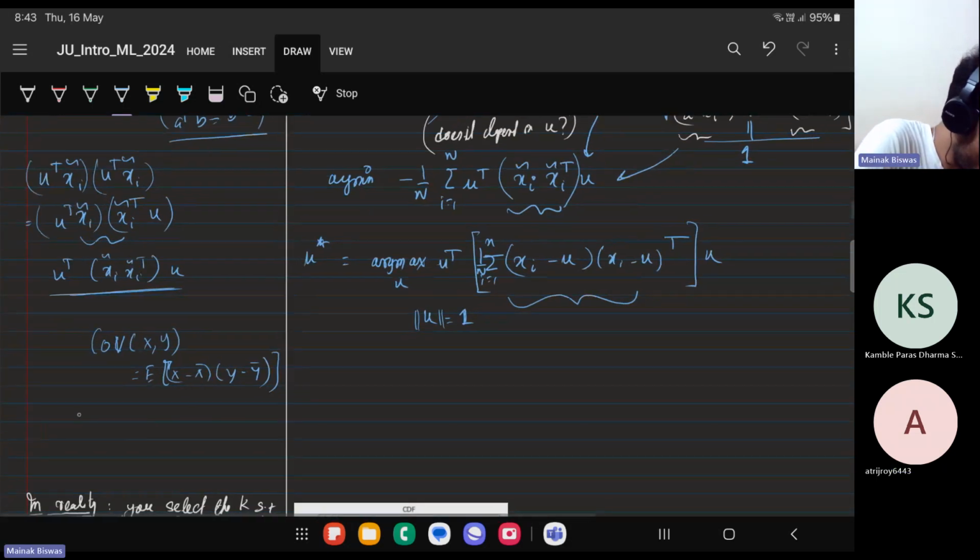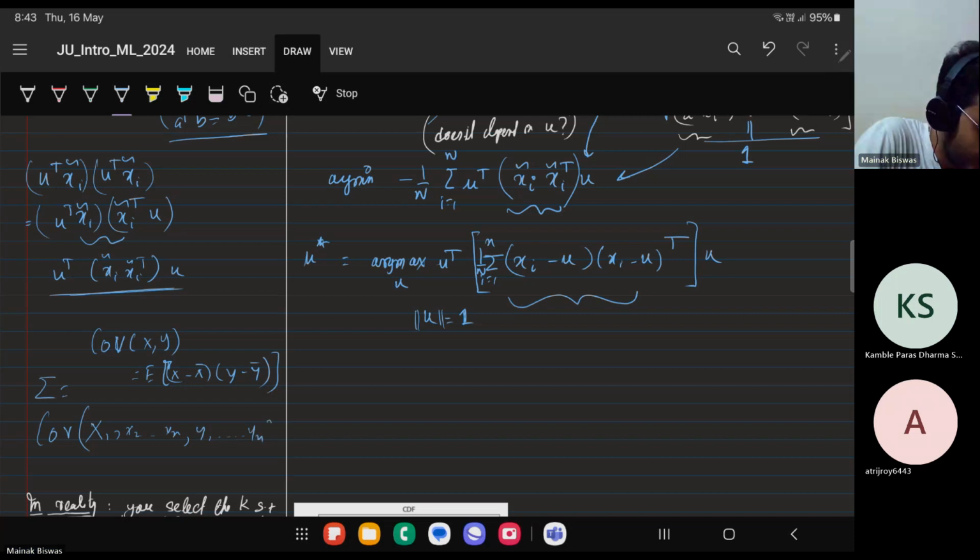So if we have to find covariance between random vectors, the covariance matrix, which is referred to as sigma, what did we see? x1, x2, dot dot dot xn, y1, y2, yn.